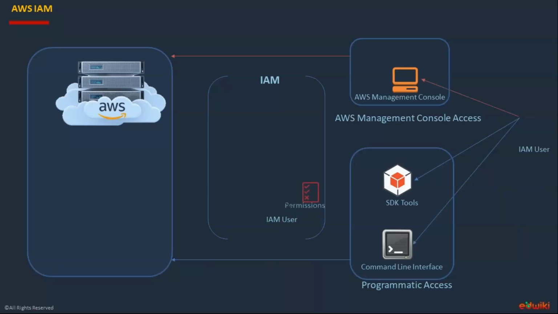Whenever the user is accessing either through the console or through the programmatic way, we need to control what the user can do on my AWS. That is where we need to have a certain permissions checklist. You define some set of permissions for each individual IAM user, saying that this user can do this and cannot do that.